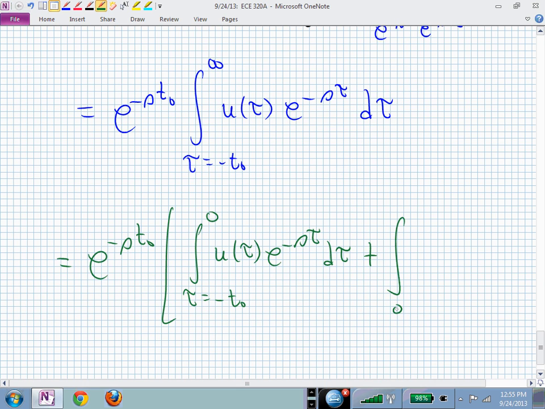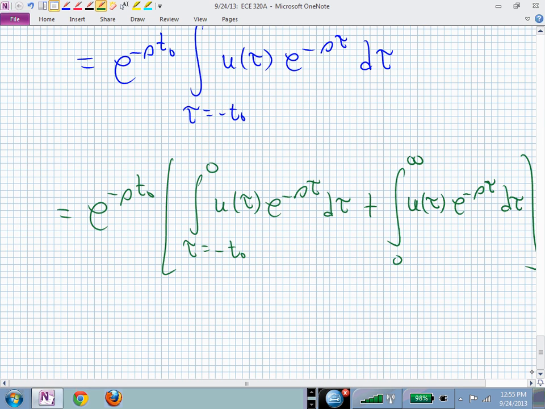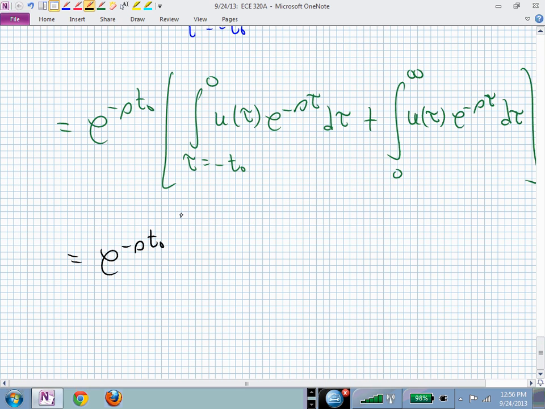All right, let's keep going here. We have 0 to infinity, u of tau e to the minus s tau d tau. But now we can simplify this a little bit, realizing what the unit step looks like between a negative number and 0. What's the value of u of tau for when tau is negative? That's 0, isn't it?